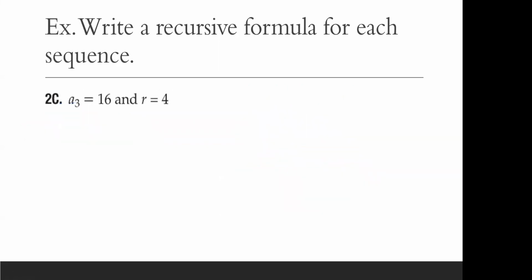So here, in this example, it gives you the value of the third term and the common ratio. Okay, so because it gives you a common ratio, we know it's a geometric sequence. So again, our formula is going to start off as a sub n is equal to r times a sub n minus 1.